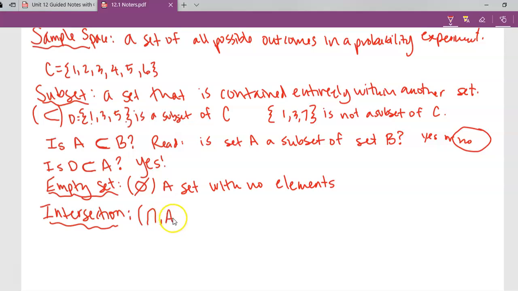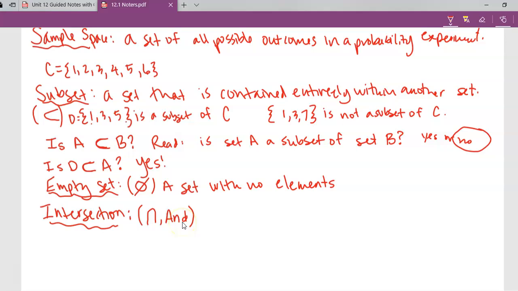The intersection is just like an upside down U. It kind of looks like an A without the cross part on there. The reason I'm saying that is because it means the same thing as and. So if you can remember that upside down U kind of looks like an A if I just crossed it right here, that will help you remember that it means the same as and.